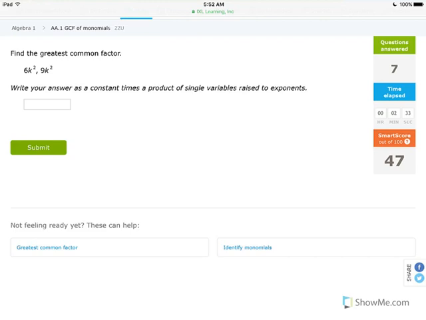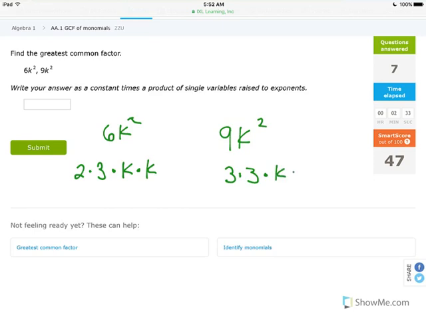And the next one, 6k to the second and 9k to the second. So the 6 can be broken down into 2 and 3. And k to the second is k times k. The 9 is a 3 times 3, and a k times k.